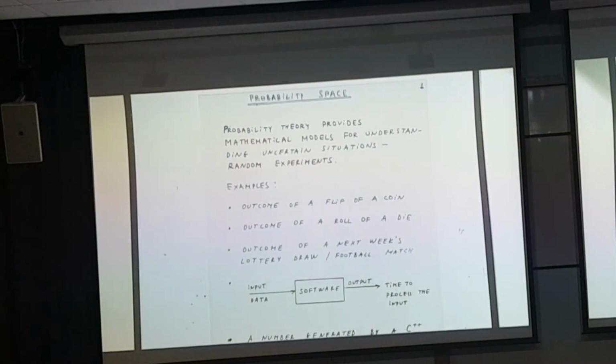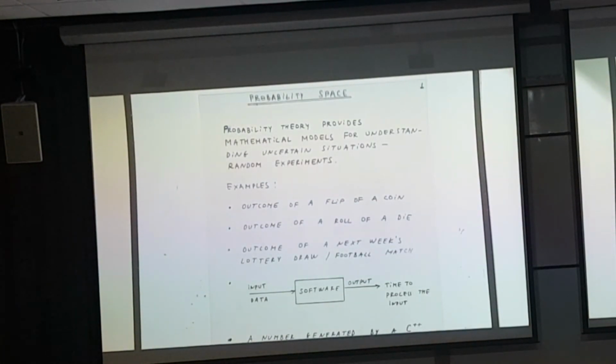A couple of examples from computer science. When you design software, you don't know what input data will be used in it. But you might be interested in understanding how efficient your program will be in processing this data.